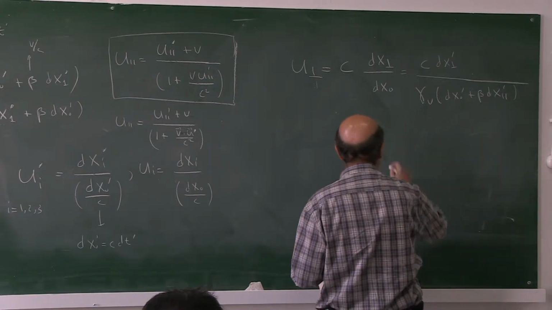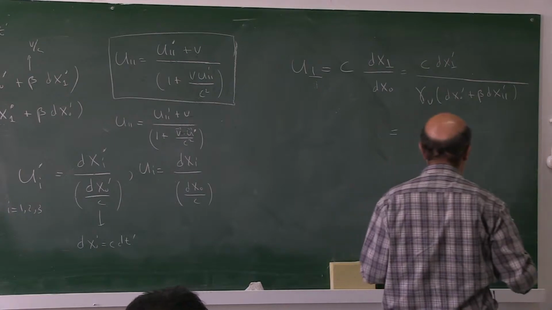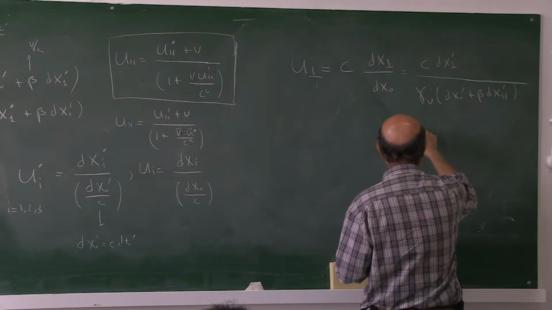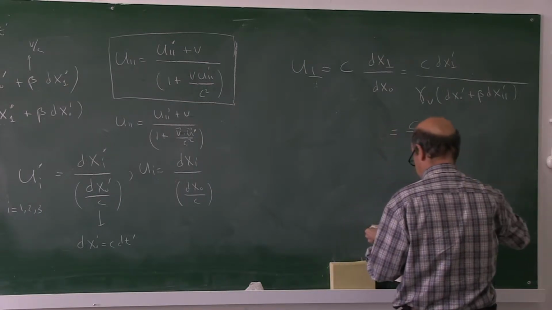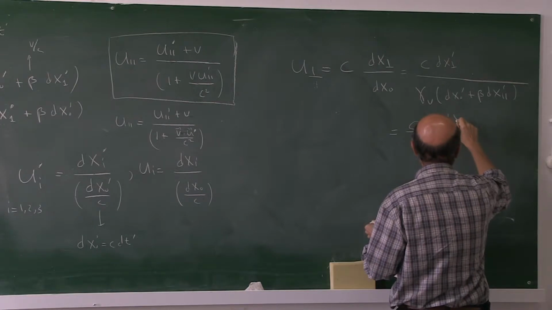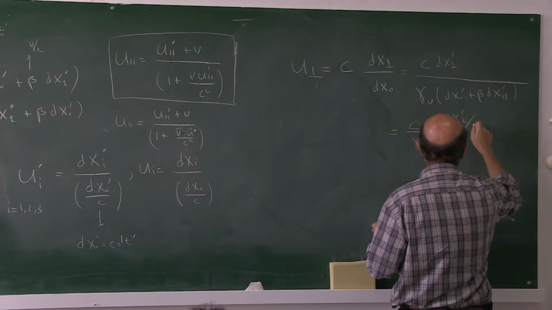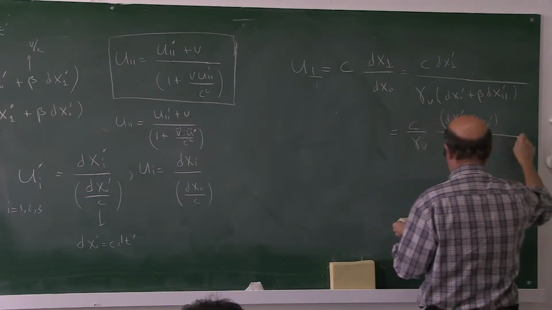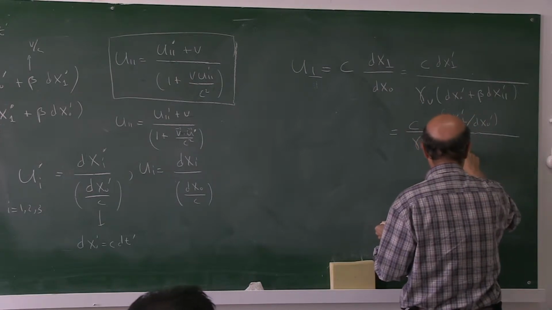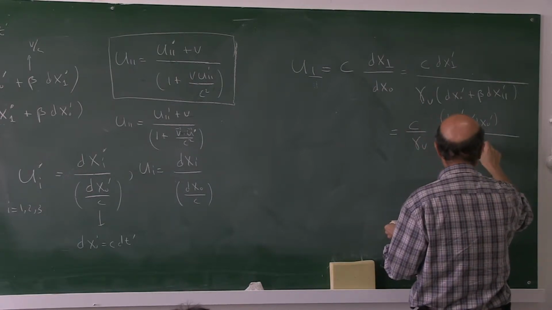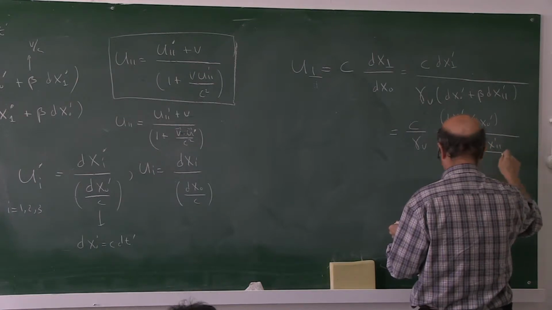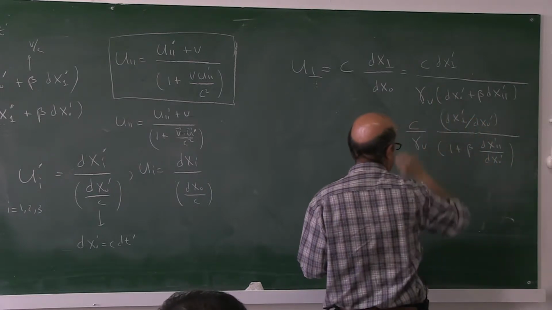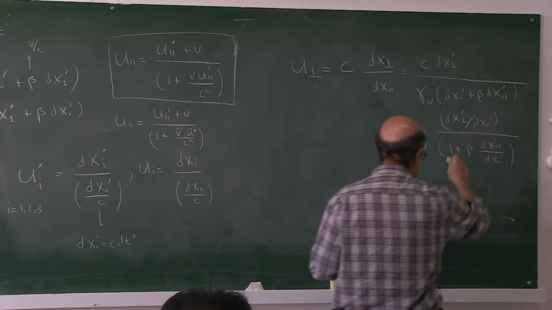So if you do the same algebra here, what are you going to obtain? Take the dx0 prime in parentheses, then you will obtain c over gamma v between the frames, dx perpendicular prime over dx0 prime. If you take this to the outside, the leftover will be 1 plus beta dx prime parallel over dx0 prime. So I take the dx0 prime in parentheses and I obtain this term.